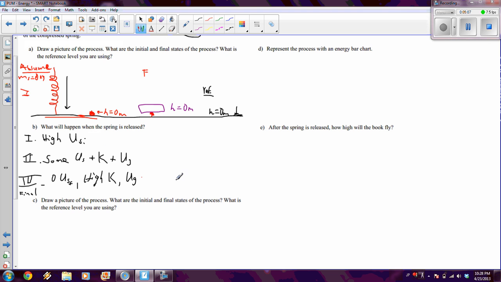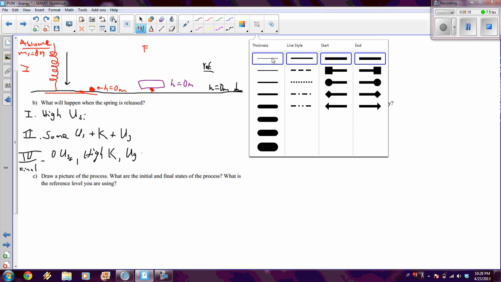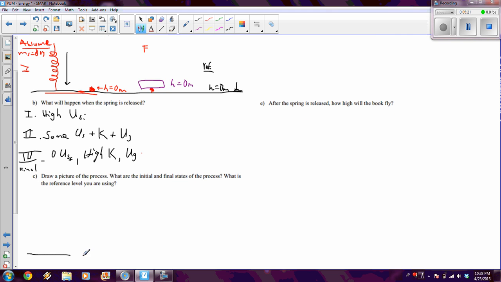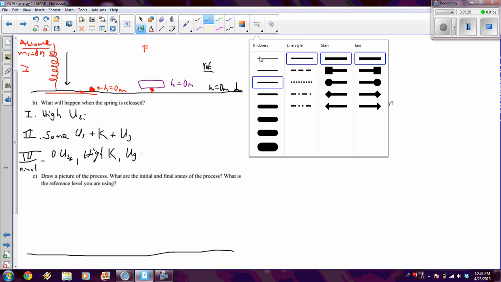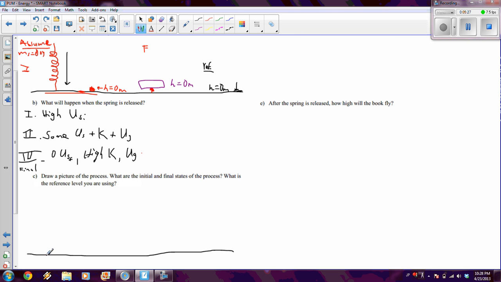So part C says draw a picture of this process. So we'll draw these three processes from initial to final states. Let's start off with our ground level like we did before. And our spring now is compressed. The book is on top of our spring.